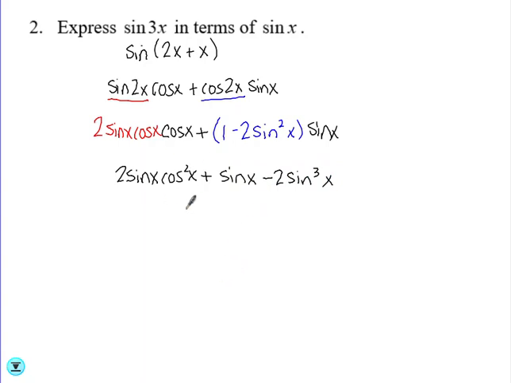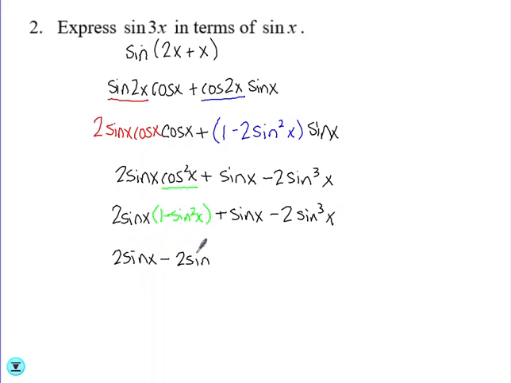Now, I need to get rid of this cosine squared. I know from my Pythagorean identities that this is equal to 1 minus sine squared of x. So if I distribute here, I have 2 sine of x minus 2 sine cubed of x plus sine of x minus 2 sine cubed of x.